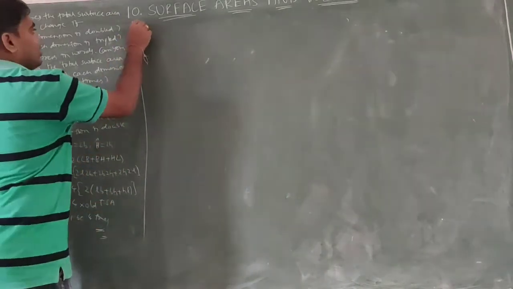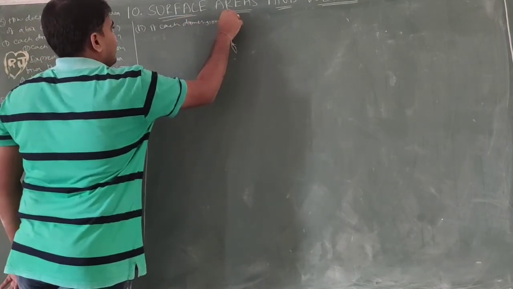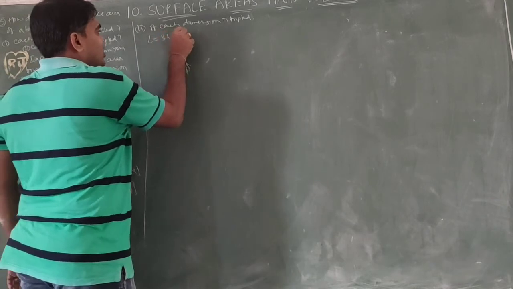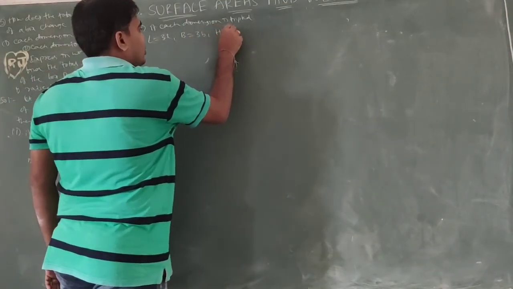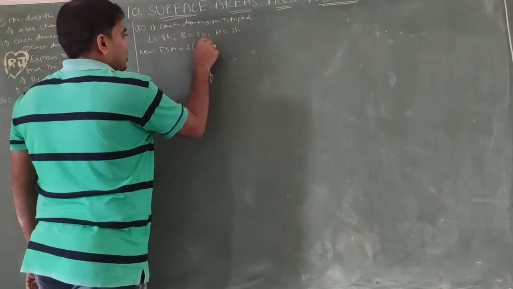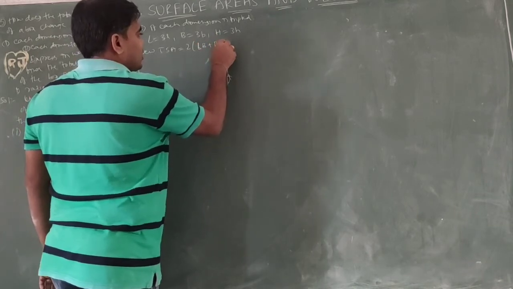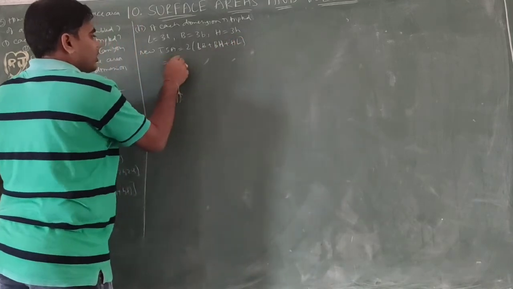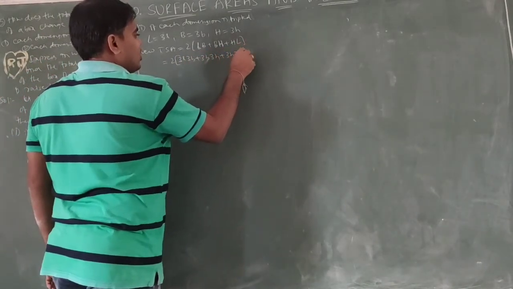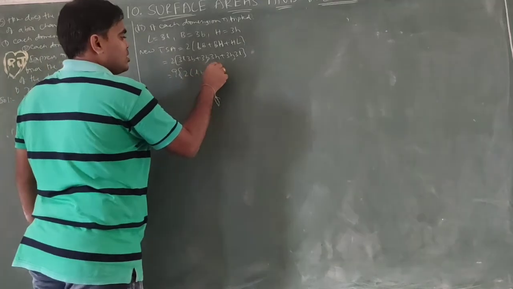Next, second, if each dimension is tripled, then the new length is 3L, new breadth 3B, new height 3H. Now the new total surface area, same formula, 2(LB + BH + HL) with the new dimensions. So 3 into 3, 9, common: 9 of 2(LB + BH + HL).